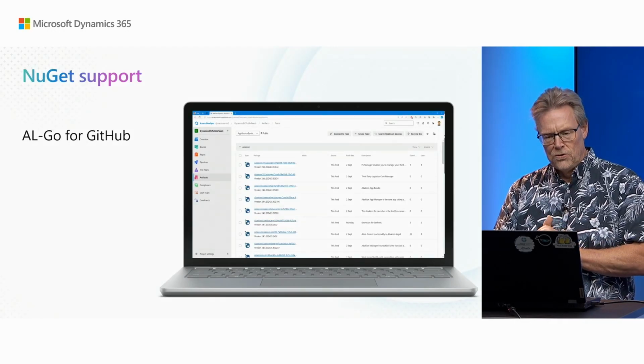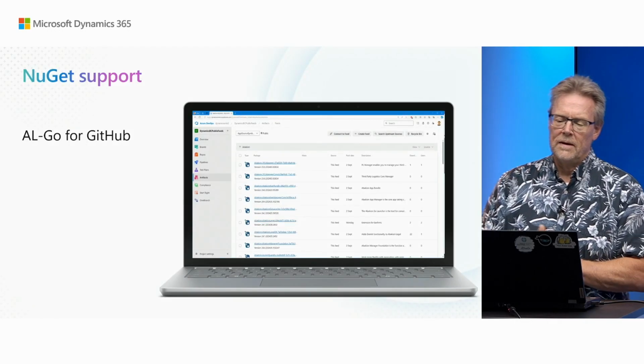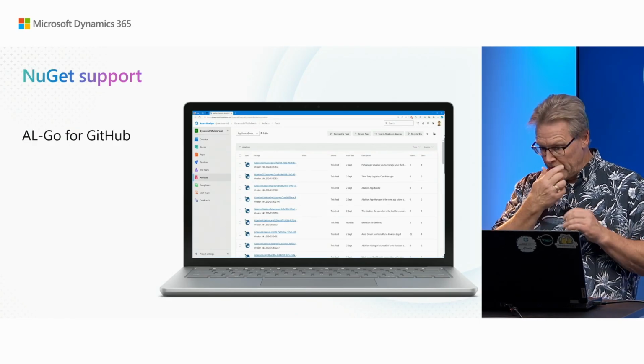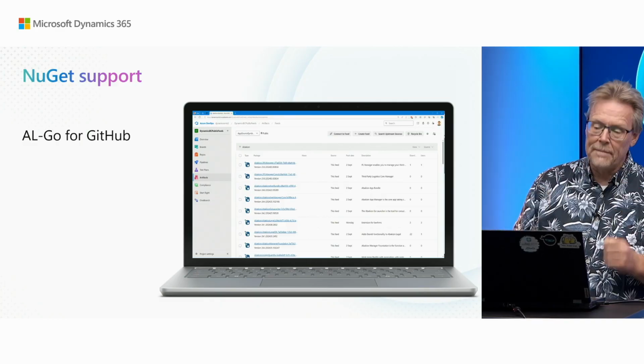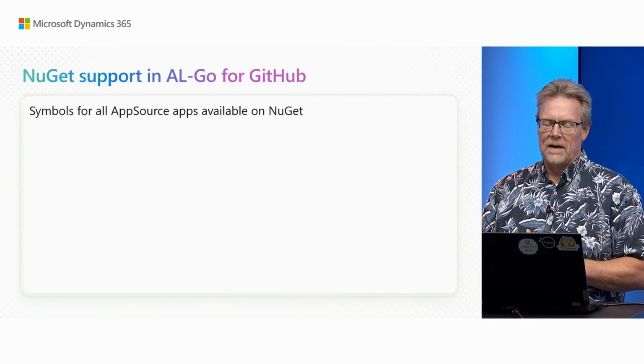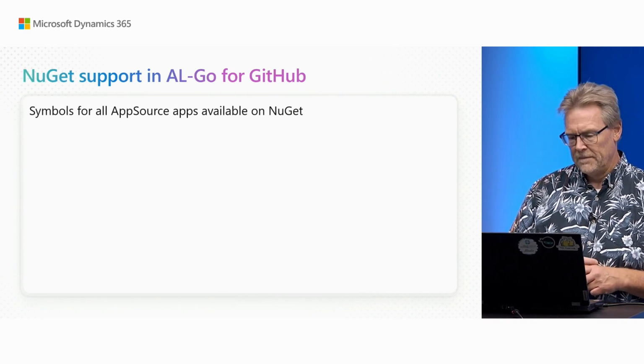Another thing that is new in AL-Go for GitHub is NuGet support. Now, NuGet support is something that we've been working on for a long time. And in this release, we have symbols for all AppSource apps available on a public NuGet feed.